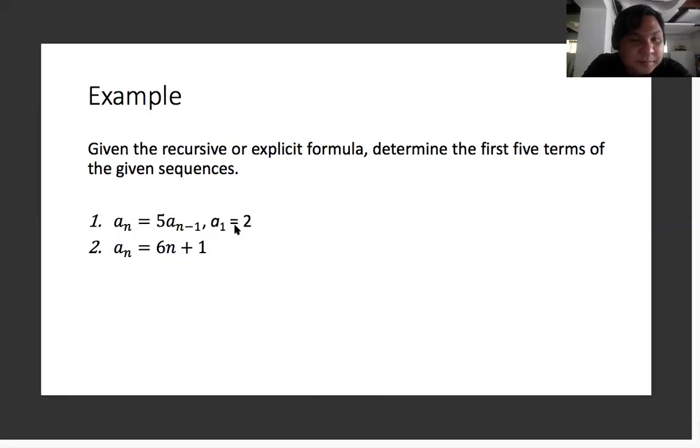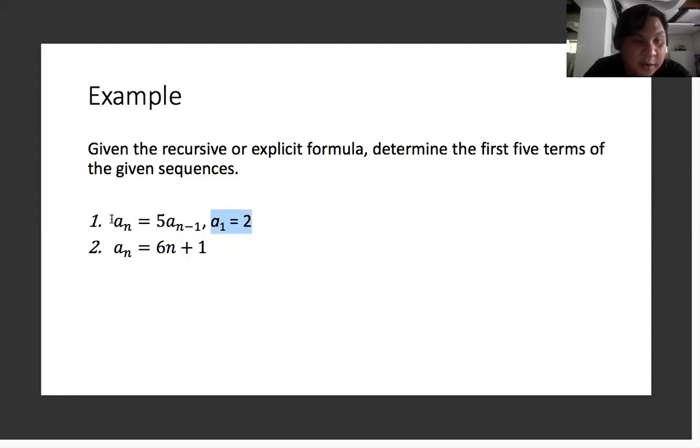Okay, so here we have number 1. It's a recursive formula because notice you're given the nth term in terms of the previous term. Okay, and then you're also given the first term.